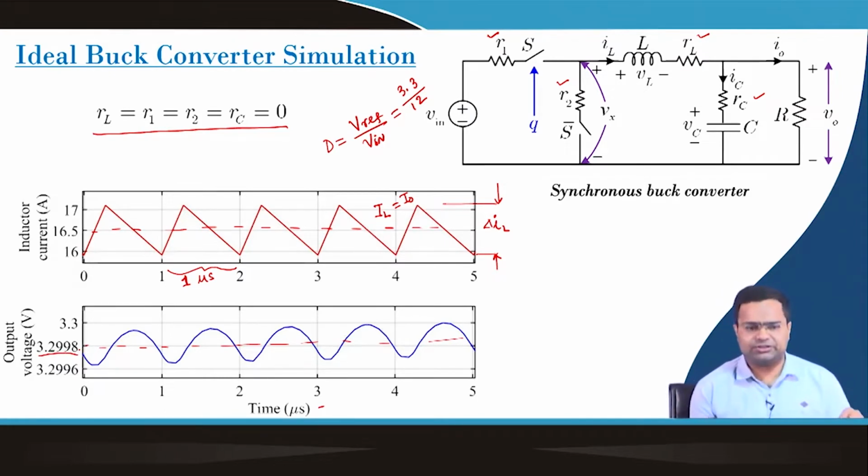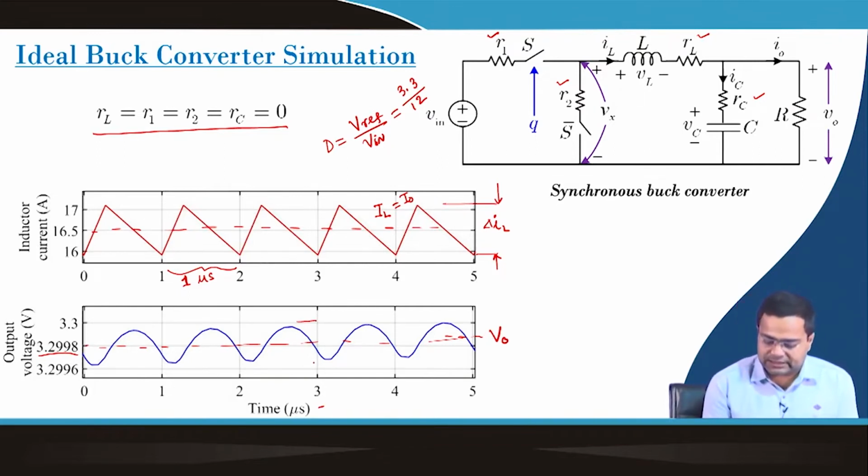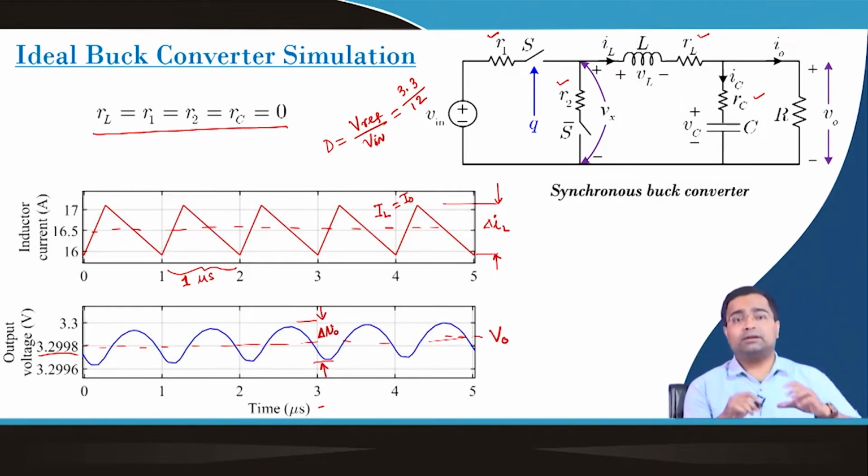So this value is our V0, the average value, and we are also discussing this part, which is delta V0, my ripple output voltage.